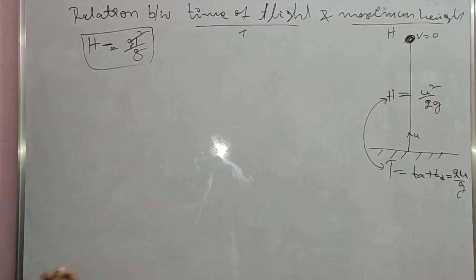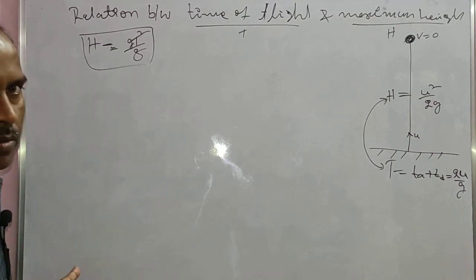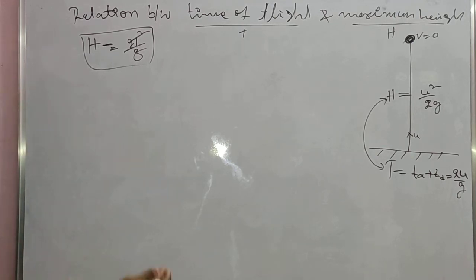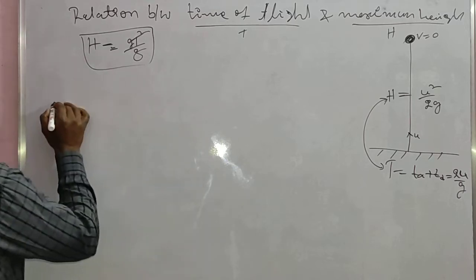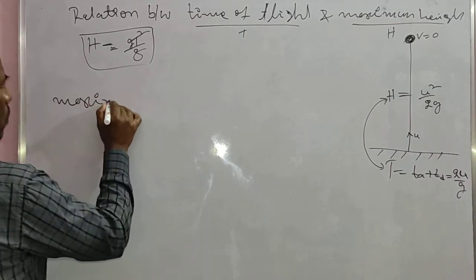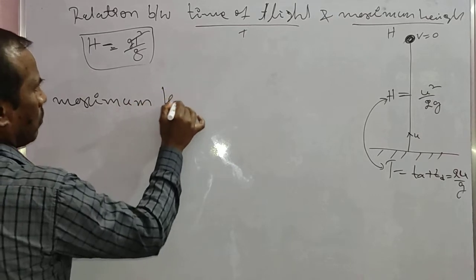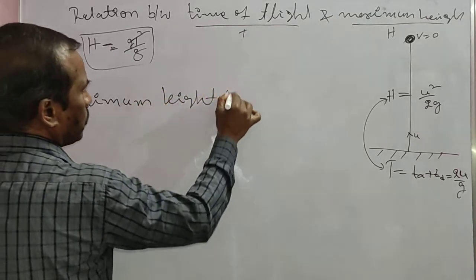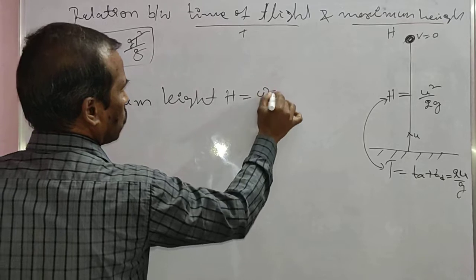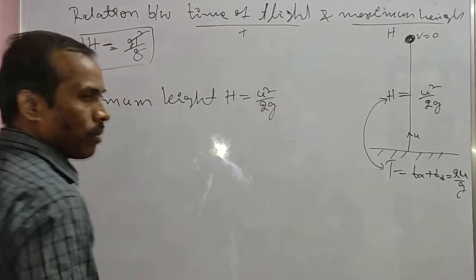First of all, we can simplify this in two methods. Let us see how we can write it. Maximum height h is equal to u square by 2g, equation 1.